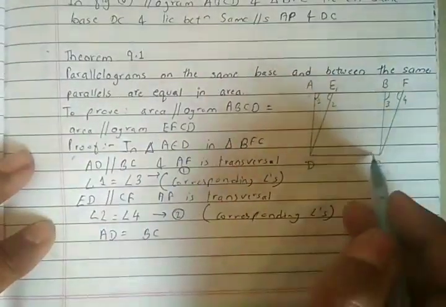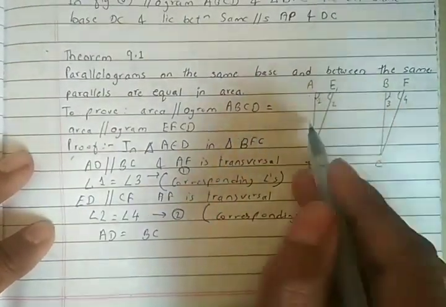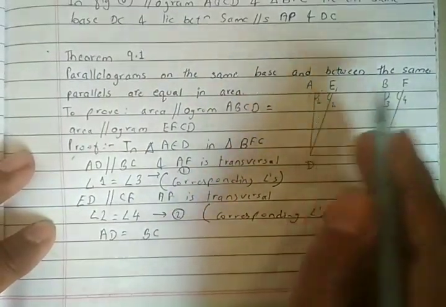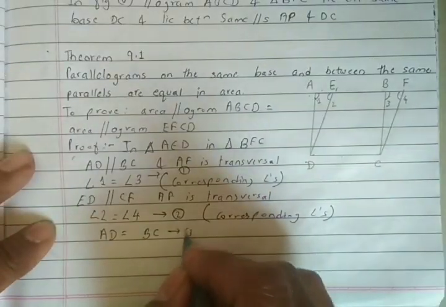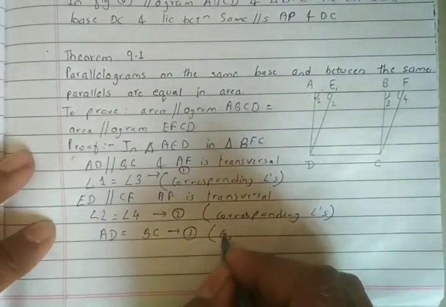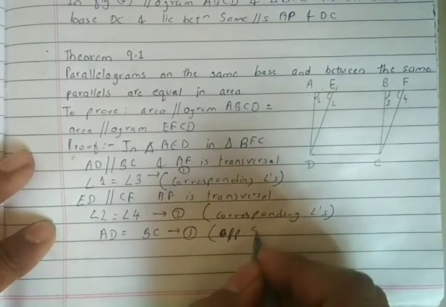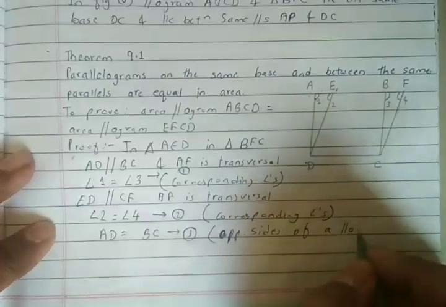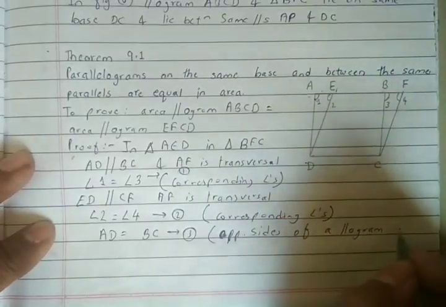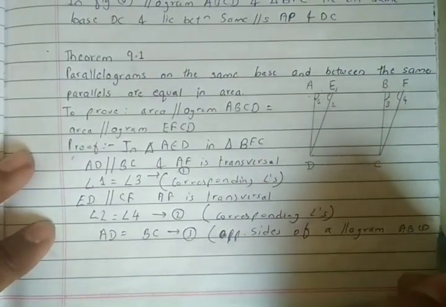Why these both are equal? Because they are opposite sides of a parallelogram ABCD. We'll name this as equation 3. Opposite sides of a parallelogram ABCD.